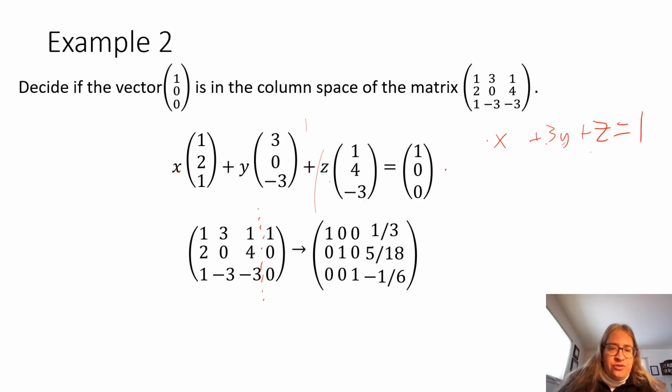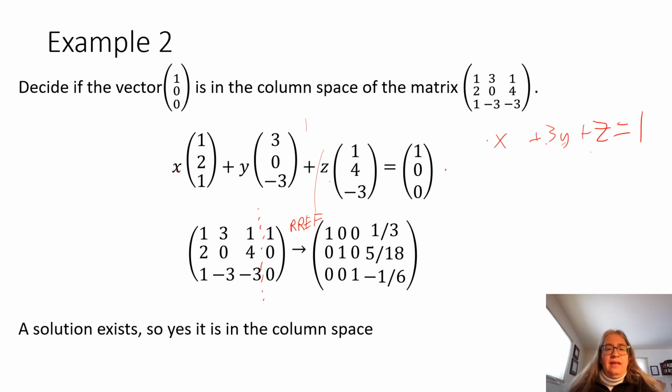And then I just row reduced it, and got this simpler matrix. And from this matrix, I can conclude that a solution exists. I can find an X, Y, and a Z, which tells me that yes, (1, 0, 0) is in the column space.